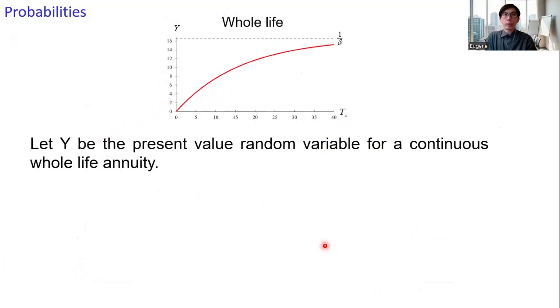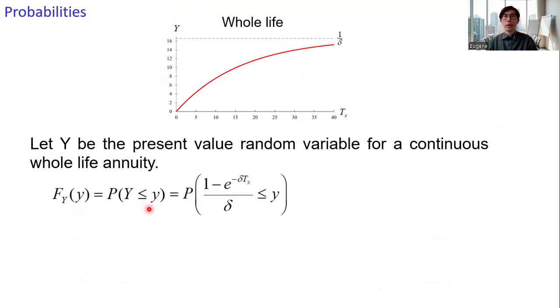All right, to get the probability, say we want to get the CDF of Y. That is, we want to get the probability that Y is less than or equal to a particular value, small y. For continuous whole life annuity, the expression for Y is (1 minus e to the power minus delta Tx) over delta.